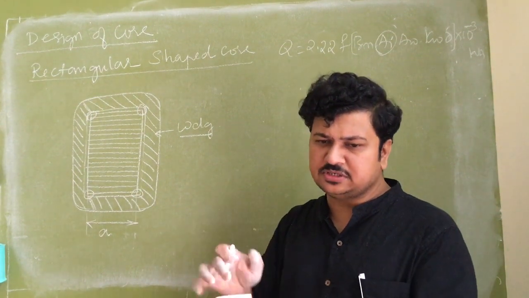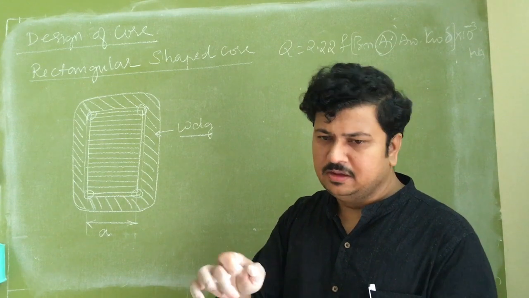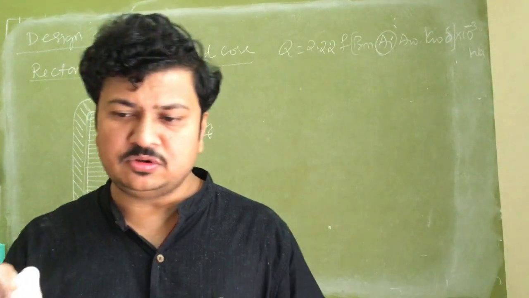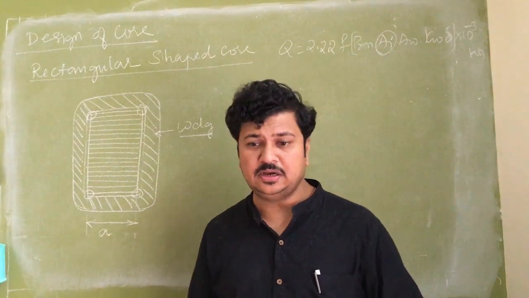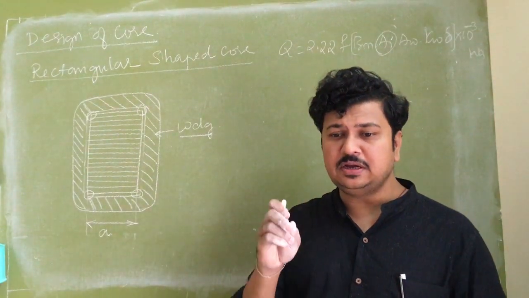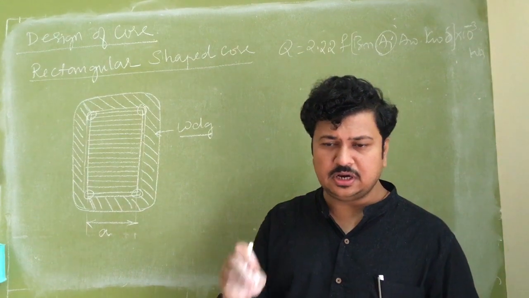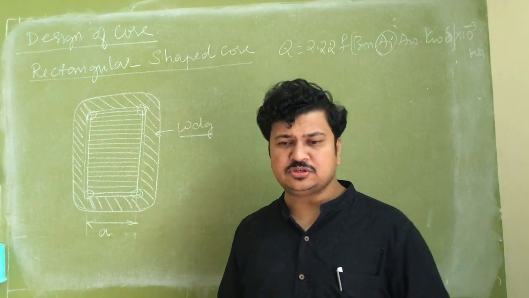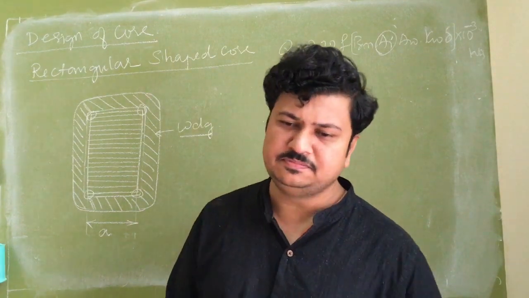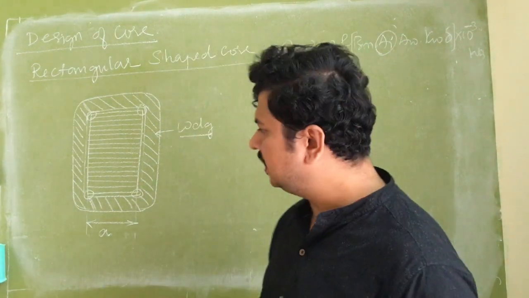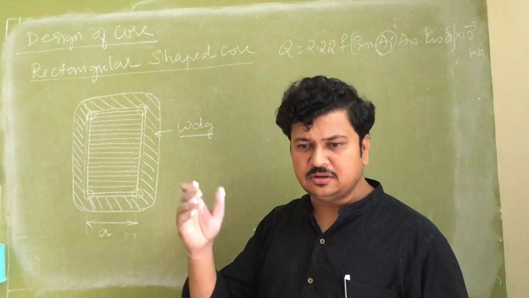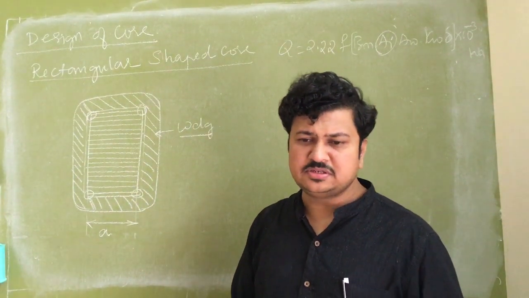Throughout the height of the core, the winding will experience a sharp bending at each of the 4 edges, which will put a large mechanical stress on those windings, and because of that there may be physical damage to the conductor insulation, and also to the conductor itself. There is a possibility that the conductor may get cut here, or the insulation may get damaged.